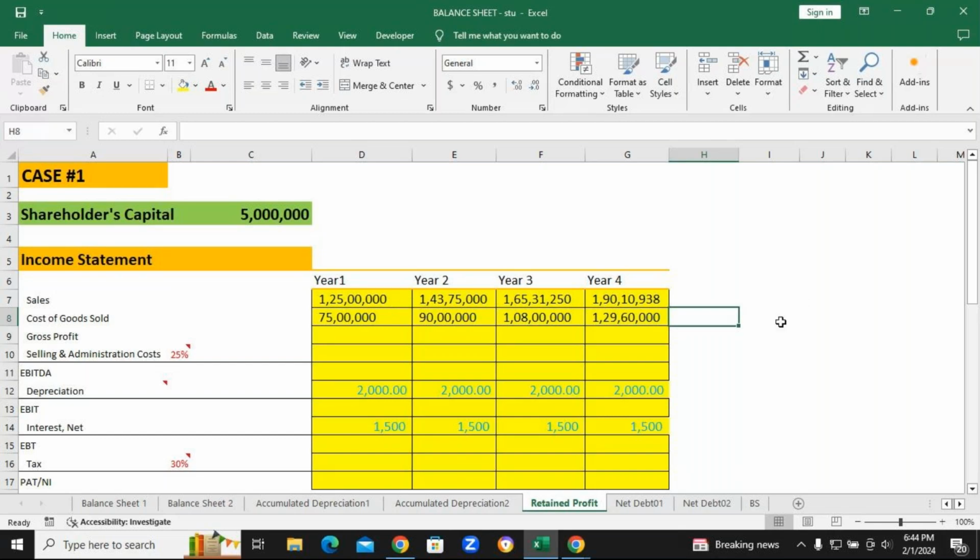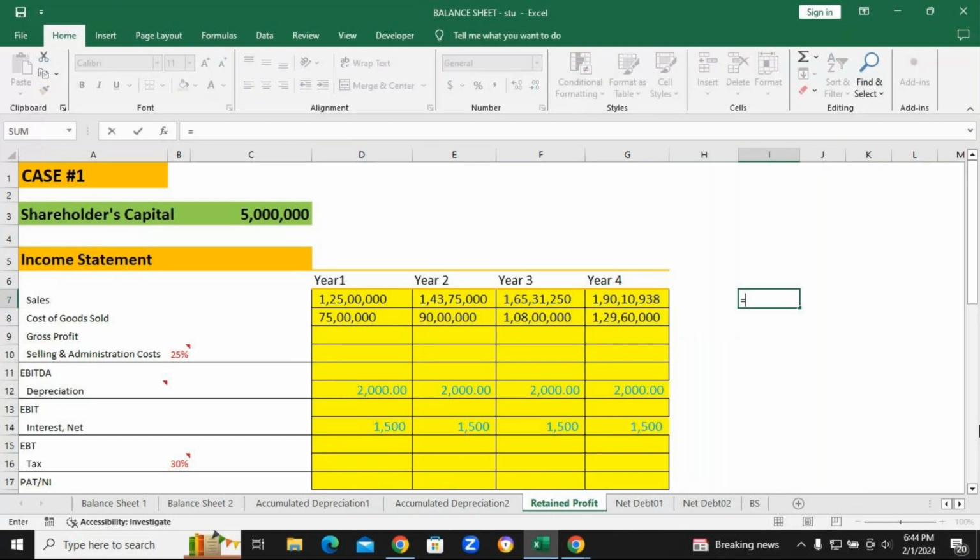But when you are entering the value, I wanted you to enter it with equals, 1250000 like this. Okay, because we have to take it for further calculations. If we don't put the value like this, then the calculation will not be done.